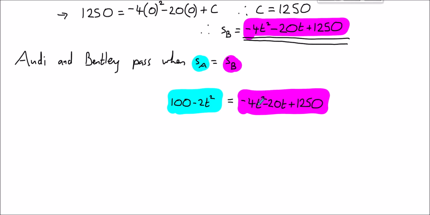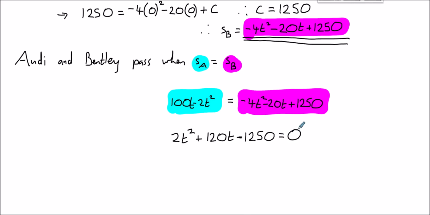And so if we add 4t squared to both sides, this side would become positive 2t squared. If we now add this 20t to both sides, what we'd have here is, oh sorry, this is 100t, my mistake, 100t. So if we add 20t to both sides, 100t plus 20t would give us 120t. And then subtract 1250 from both sides, we end up with this quadratic here.